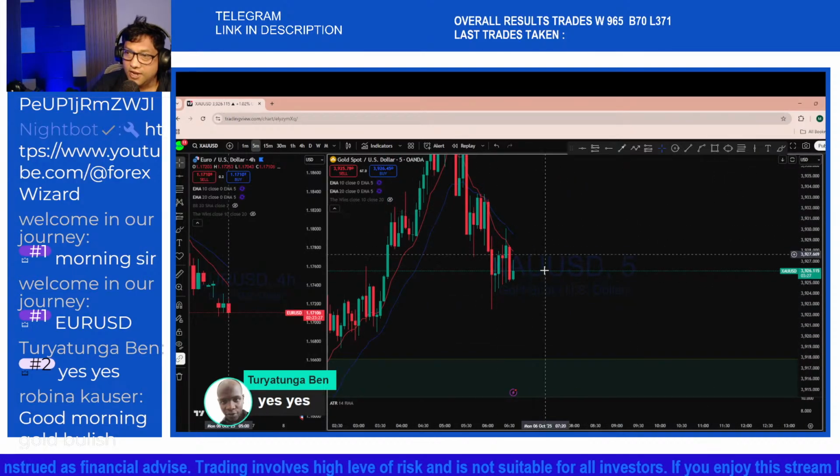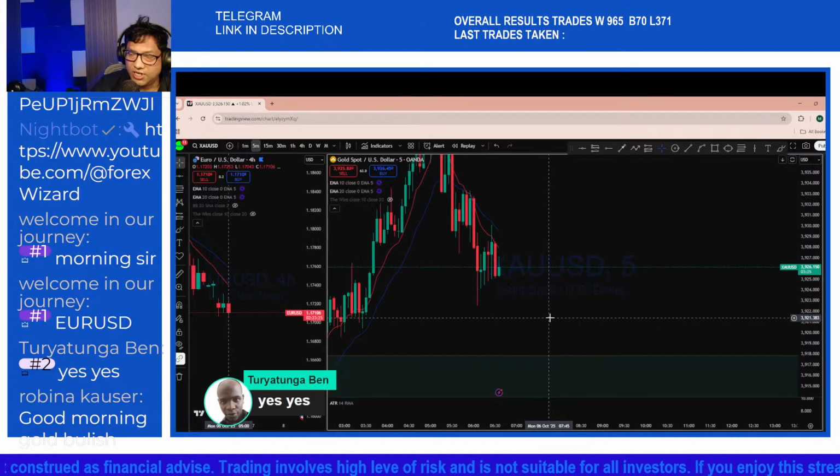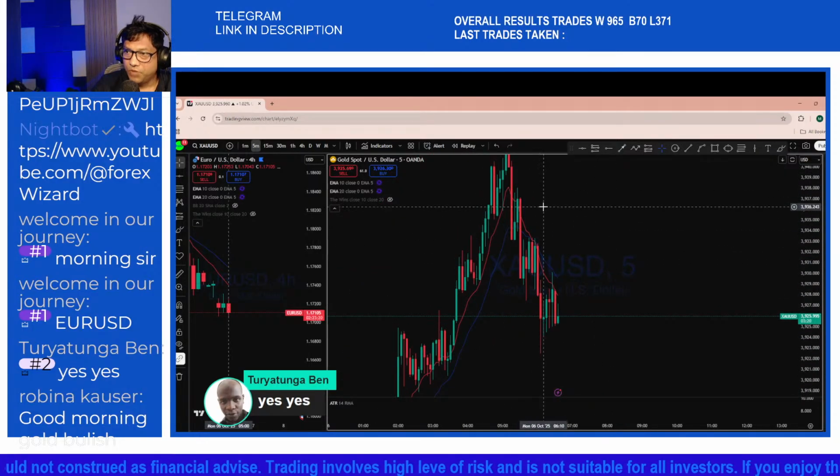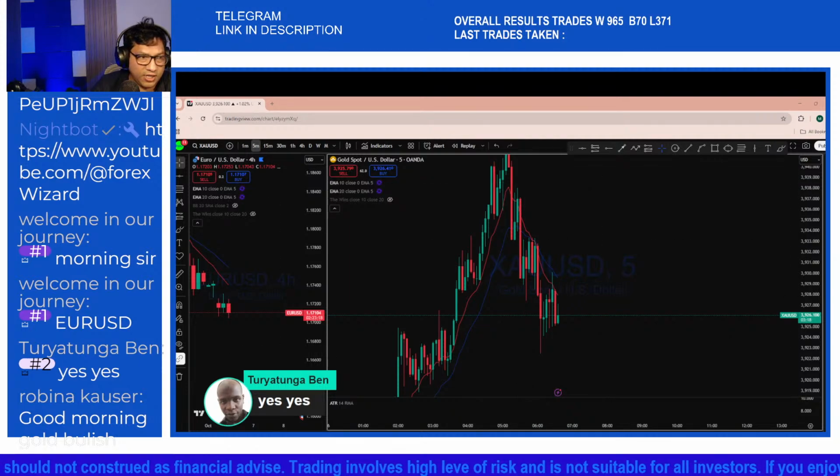We are looking here for a potential break of structure in that area for an upside bounce from that level.